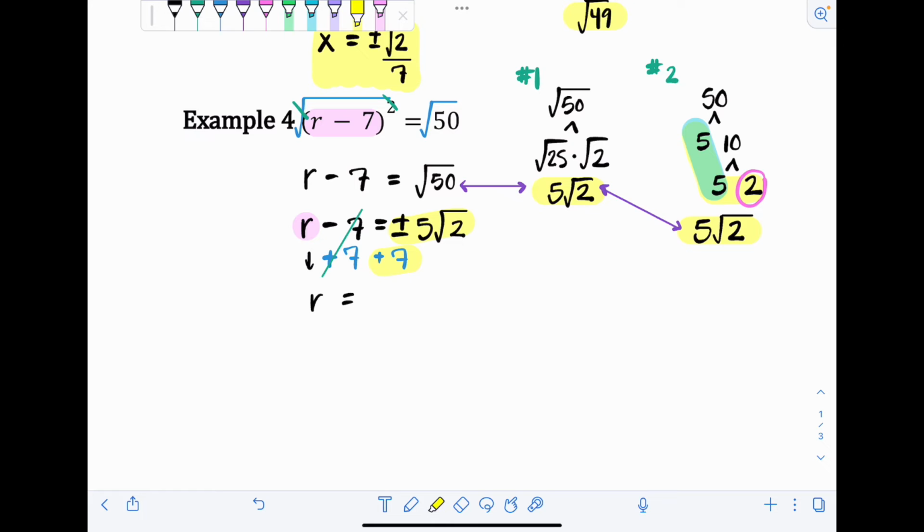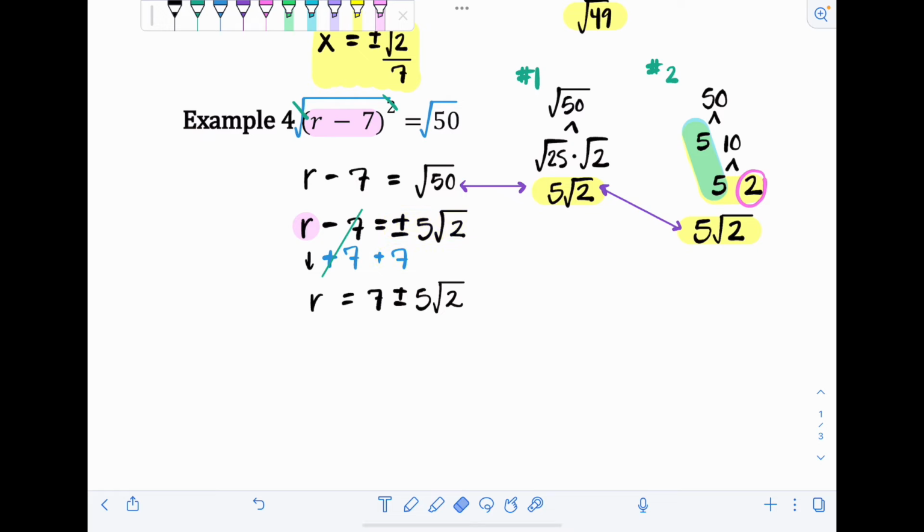We're not gonna add the 5 and the 7, or the 2 and the 7, because one has a radical and one doesn't. We can't actually combine them. So what we do is we put the regular part of the number in front. We do 7 first, and if it was a minus 7, we'd do a minus 7. So 7 first, and then plus or minus 5 times the square root of 2.